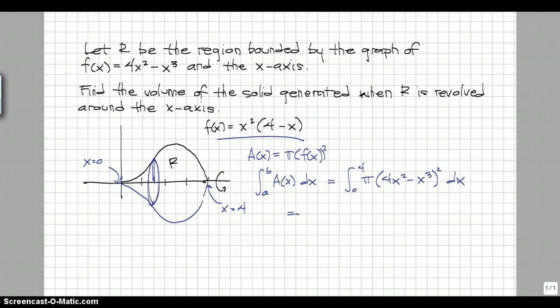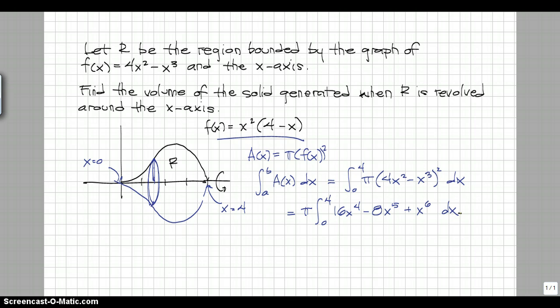And I can pull the constant coefficient pi out of the integral, and also perform the operation of squaring what I have in parentheses. And that's going to give me pi times the integral from 0 to 4 of 16x to the 4th minus 8x to the 5th plus x to the 6th dx.